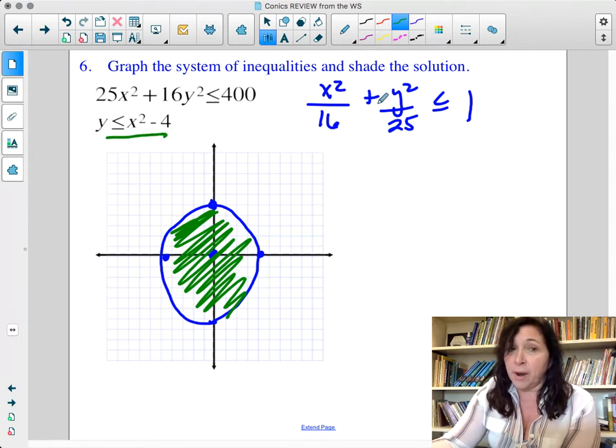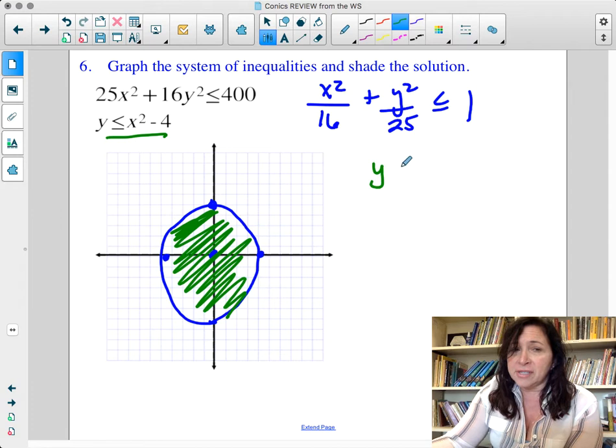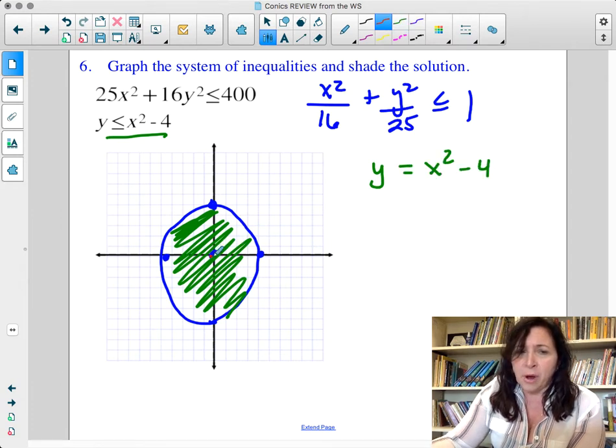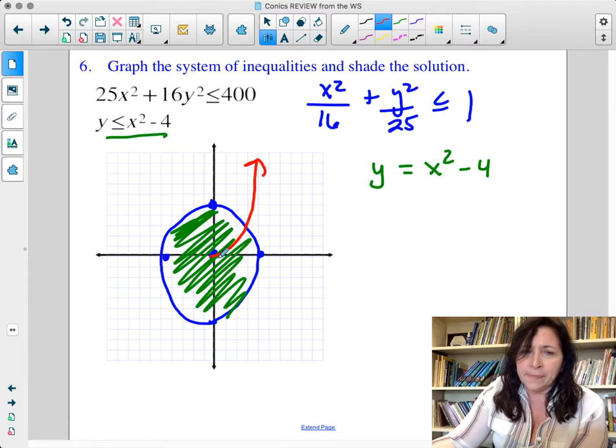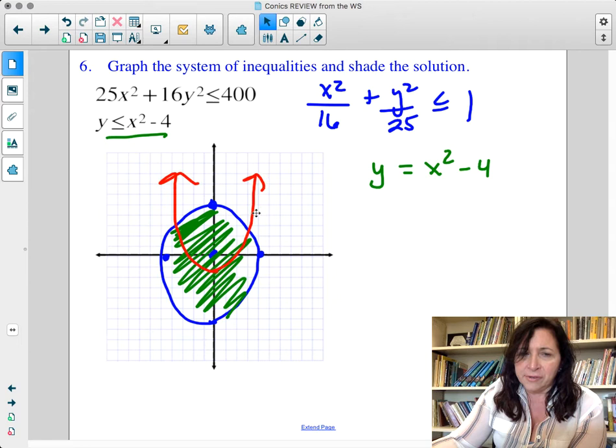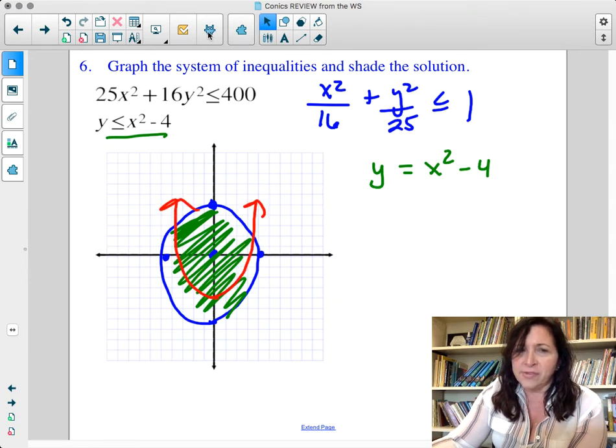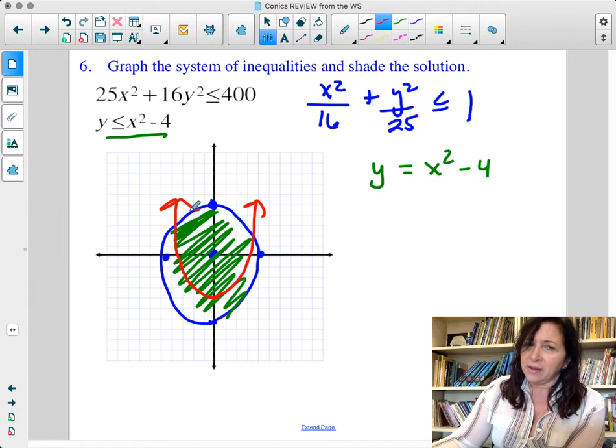That's a parabola. So remember this, if I just had y equals x squared minus 4, okay, watch. I'm going to draw a parabola like this, okay? And then the minus 4, what that does is it drops it down 4 units like that. And so what this is asking me specifically is not an intersection point. It's asking me for an area of intersection.